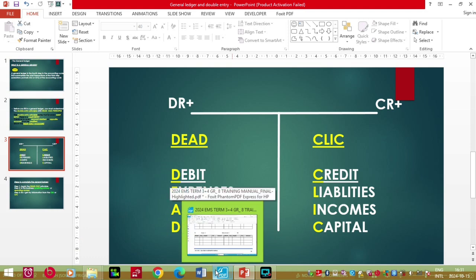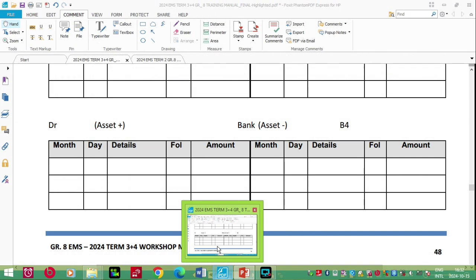I'll show you that bank is special. Now in grade 8 it seems like bank is the most challenging one, but it's not really challenging.